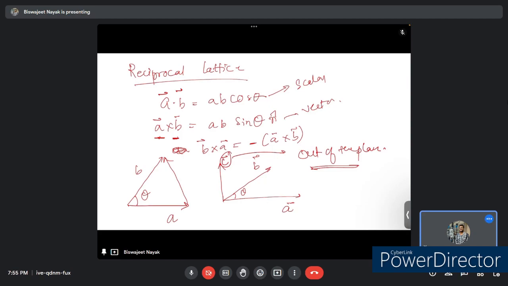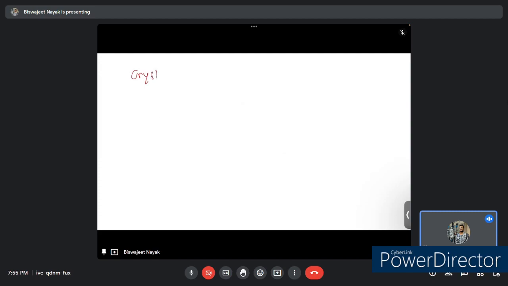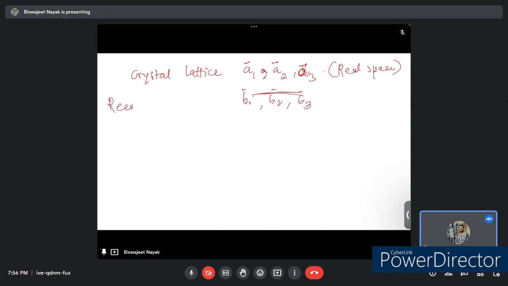So let's say we have a crystal lattice defined by vectors a1, a2, a3, then the corresponding vectors b1, b2, b3 in reciprocal space are denoted as b1 equals 1 by V times a2 cross a3.